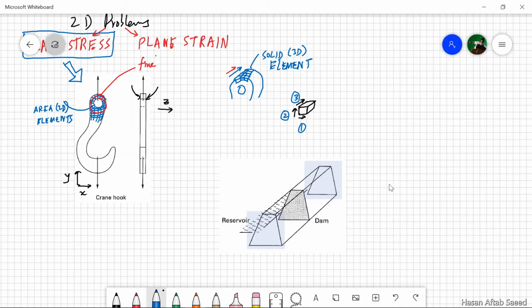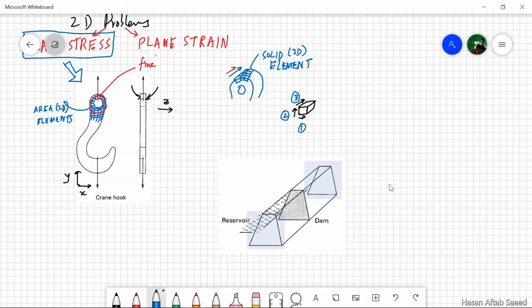The support from the ground, it is again throughout the length, it is constant, and its weight, it is also evenly distributed throughout. So all the loading is consistent throughout. There is no change throughout the dam.